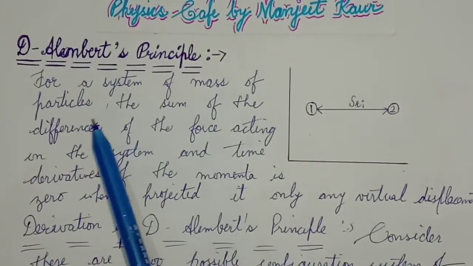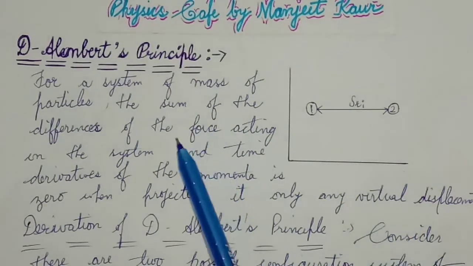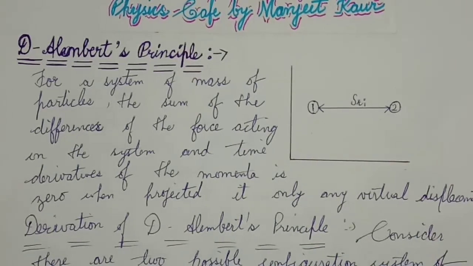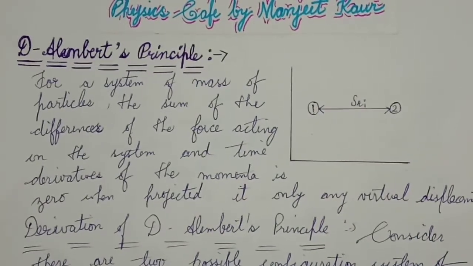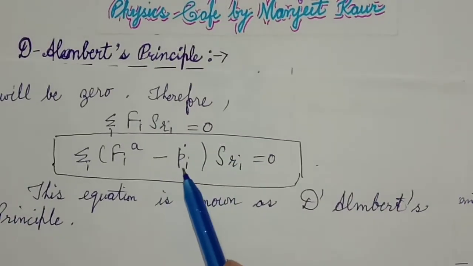For a system of particles, that means we have a number of particles, the sum of differences of the forces acting on this system, which are applied force and constraint force, and the difference means change in momentum with respect to time, this value.